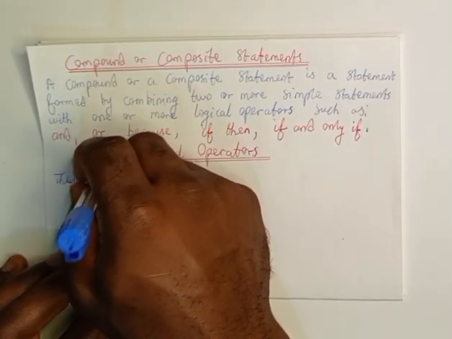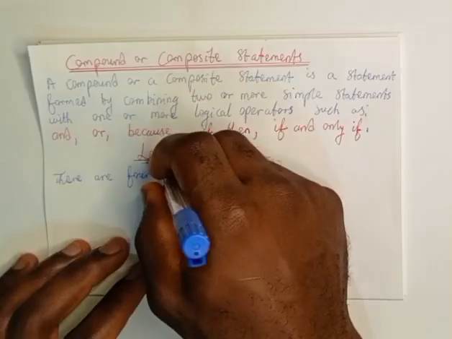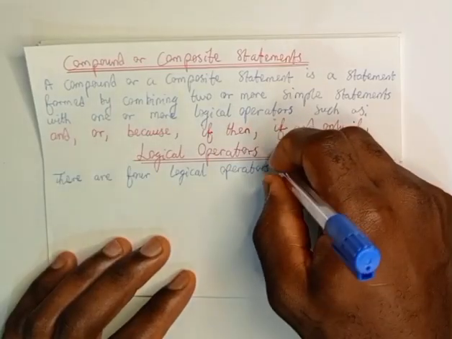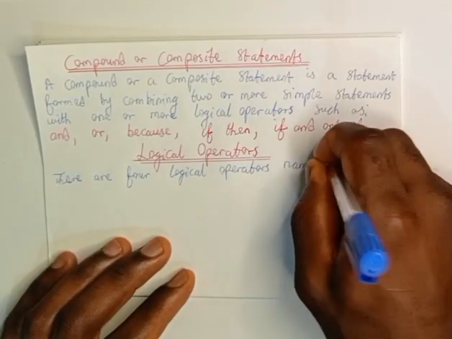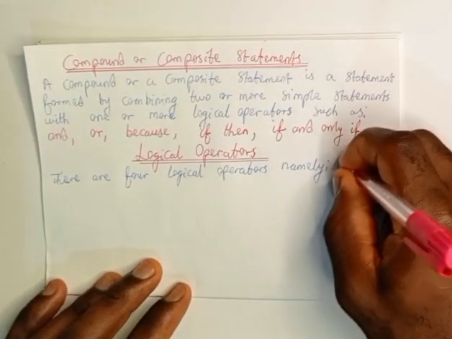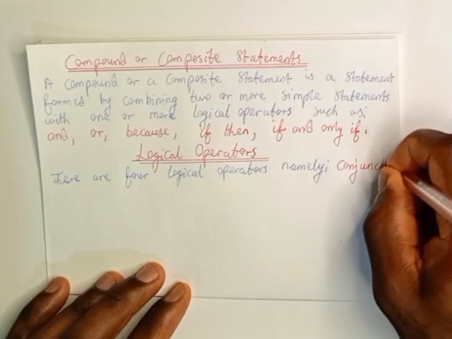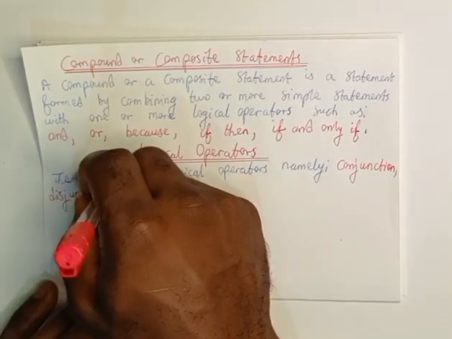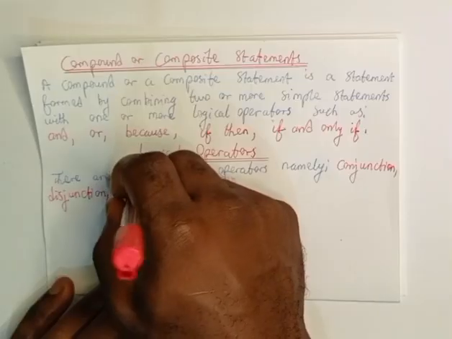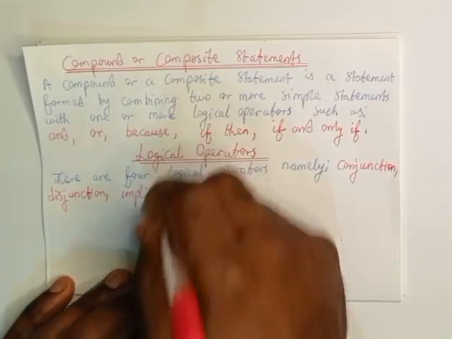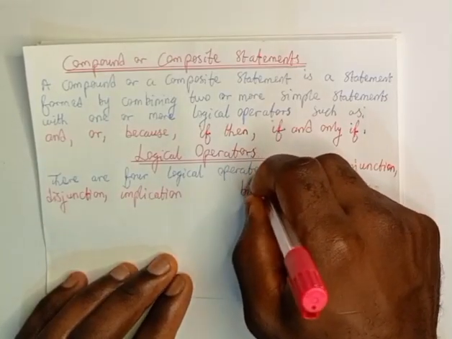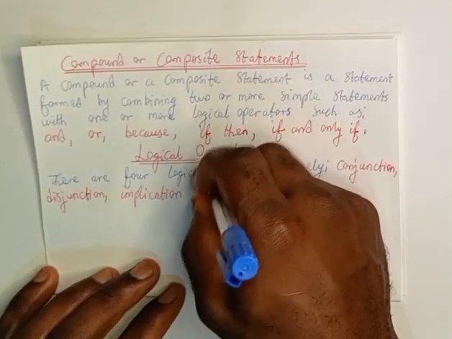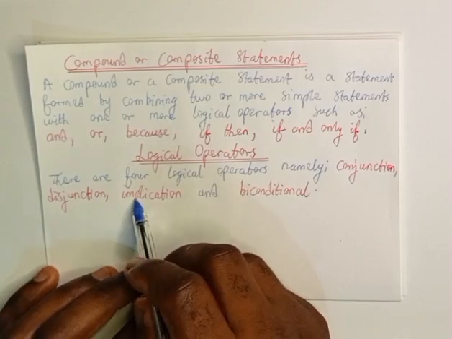There are four logical operators, namely, we have the conjunction, we have the disjunction, we have the implication, and lastly, the biconditional. Another name for implication is the conditional.